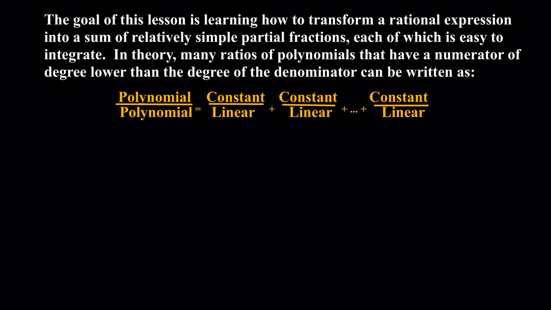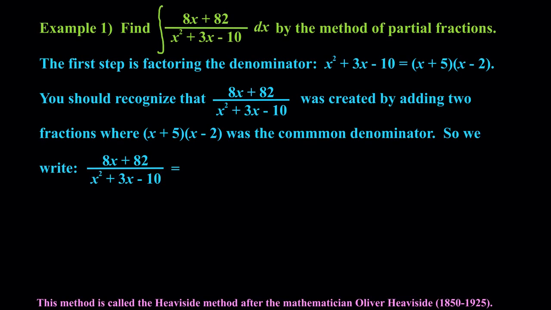All right, so what we're going to do now is look at how do we actually do this using that same problem that we just looked at. So our task here is to find the integral of 8x plus 82 over x squared plus 3x minus 10 by the method of partial fractions.